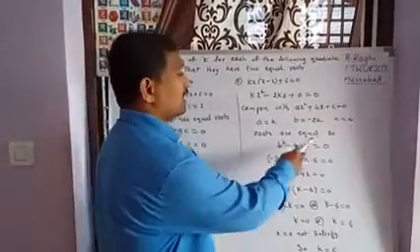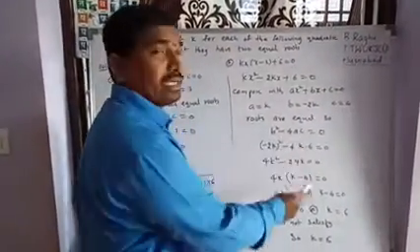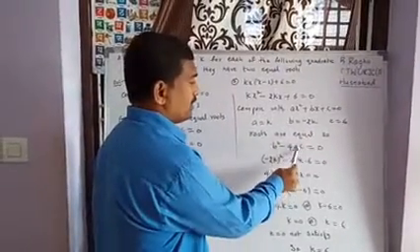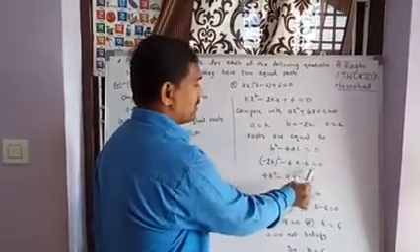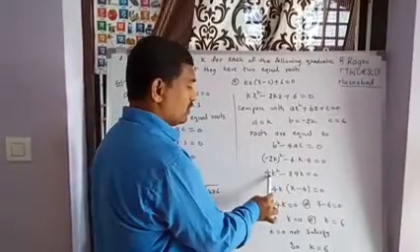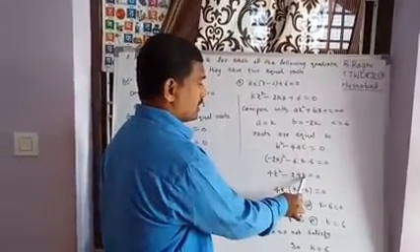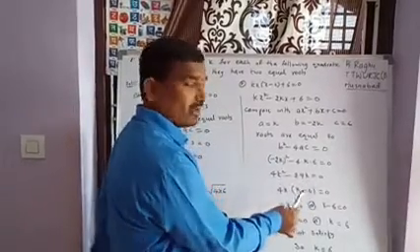So roots are equal. So b square minus 4ac equals 0. b square, minus 2k whole square, minus 4 into a, k, c, 6. Minus 2 square 4, k whole square, k square. 4 into 6, 24k.